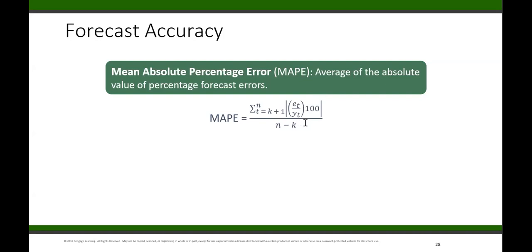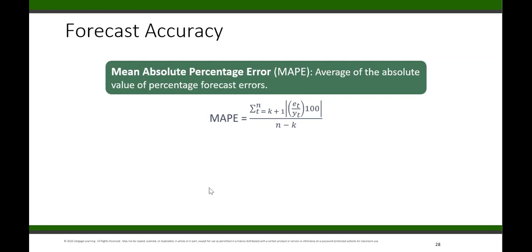That would give us the percent error in forecast of period t. And we just take the average of the absolute values of these percent errors, and that would give us the mean absolute percentage error. All right.